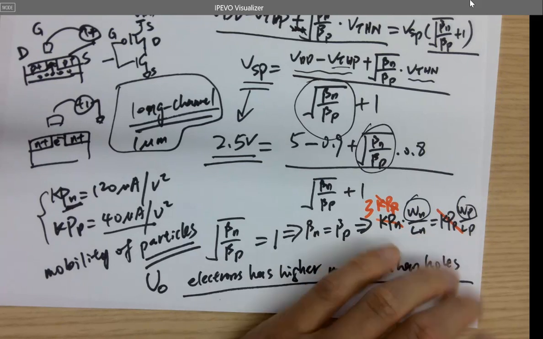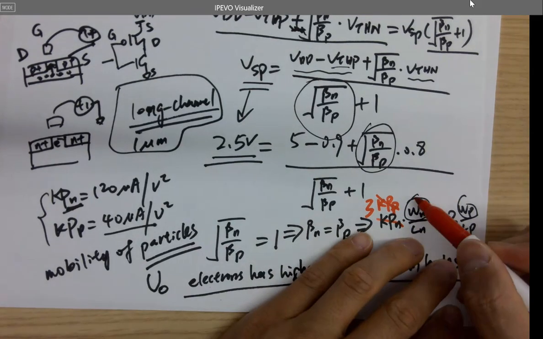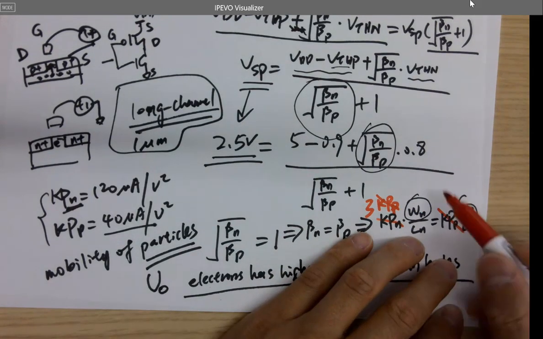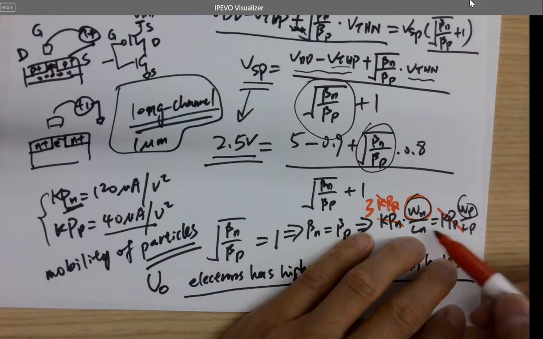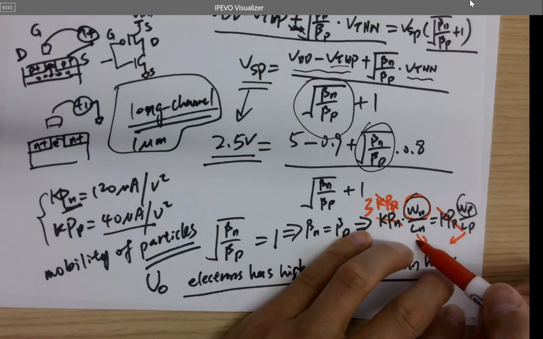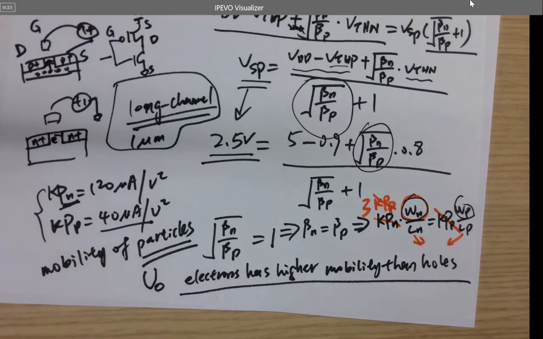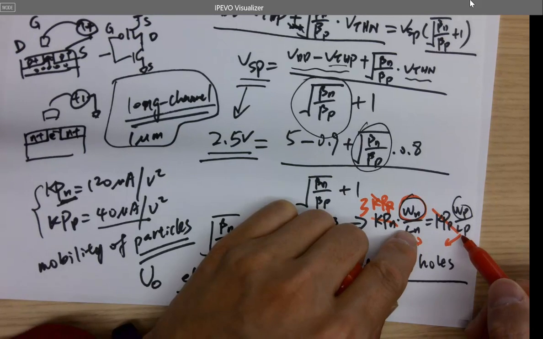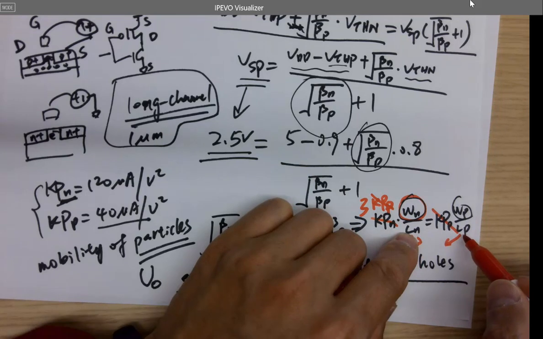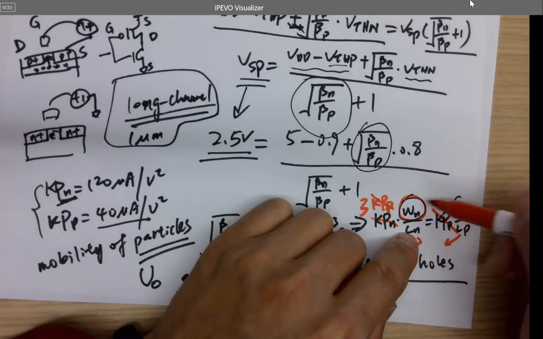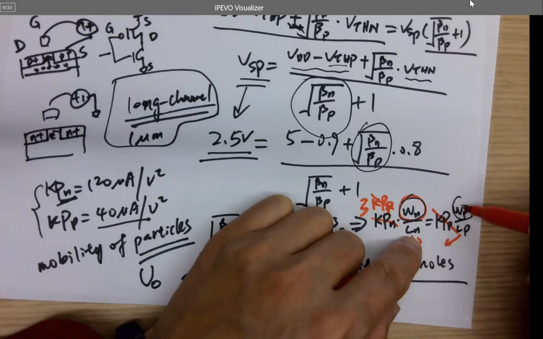right? Because they are equal. So this one, assuming we are using the same length to reduce the size, because you don't want to change both at the same time, it's a waste of area on the chip. Just keep this as the smallest possible size from the technology, and keep changing the W here, right?